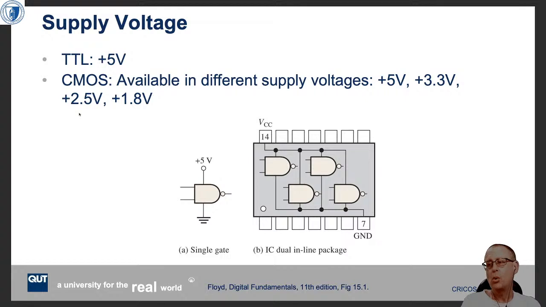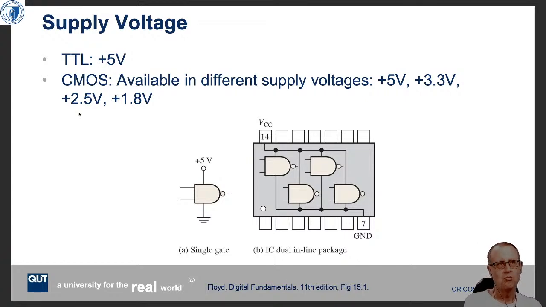The reason that's important is because it lets you run lower powered devices. Remember from 236 that P equals IV, which means P equals V squared on R if you apply Ohm's law. So one way to think about power dissipation is it's proportional to V squared, the voltage squared.